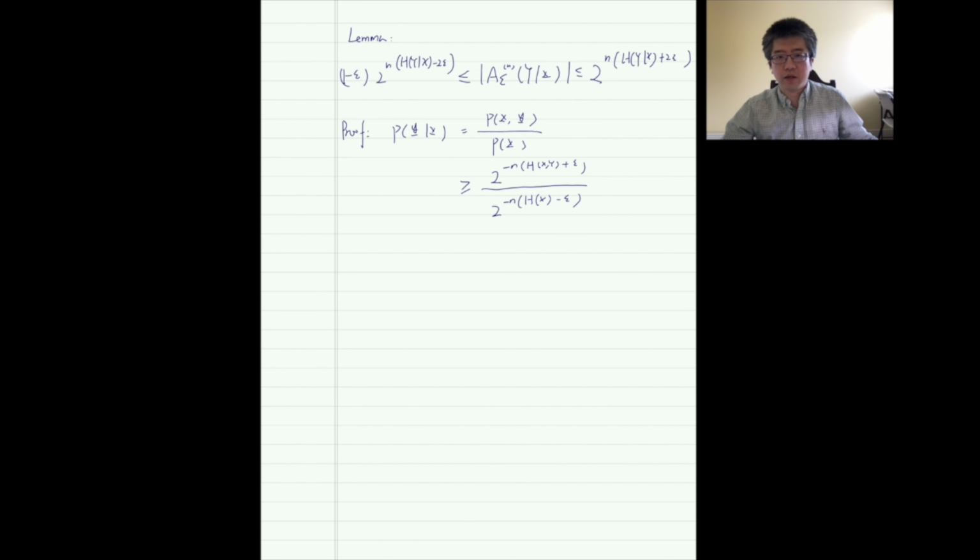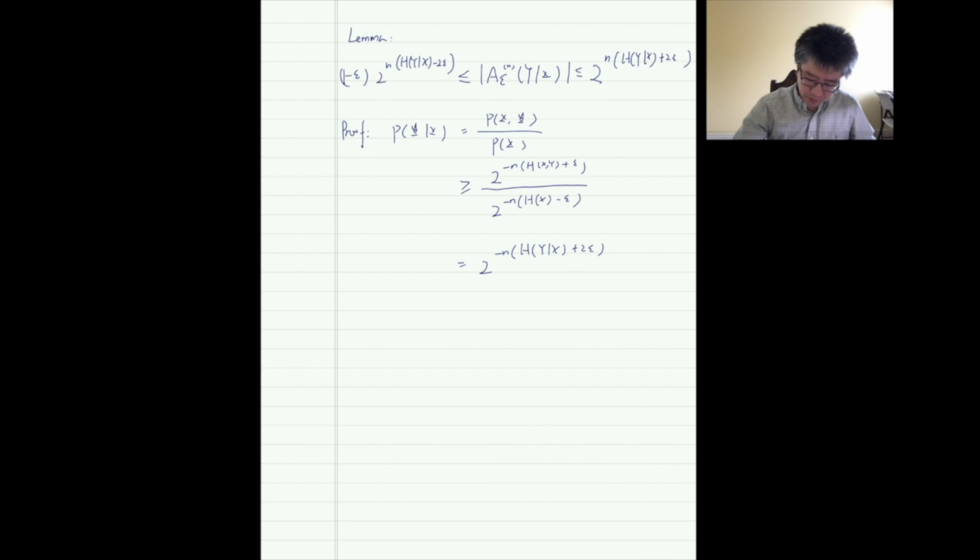This is because x is in the jointly typical set, and is in the typical set as well. And this equals, now we can see there's H(X,Y) here and minus H(X), so that will give us 2 to the negative n H(Y given X) plus 2 epsilon, because we have epsilon here and minus epsilon here. Now we have a lower bound for this conditional probability.